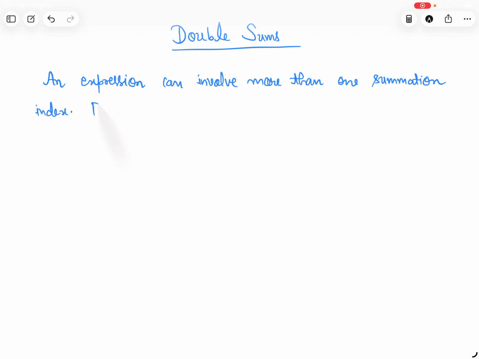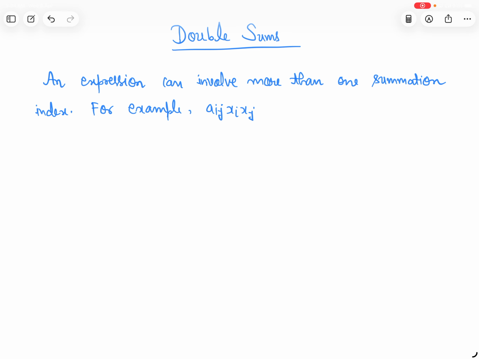For example, Aij xi xj. I told that whenever one index is repeated two times, then we have to take sum over that index. But here i is also repeating two times, j is also repeating two times. So we have to take sum over both.